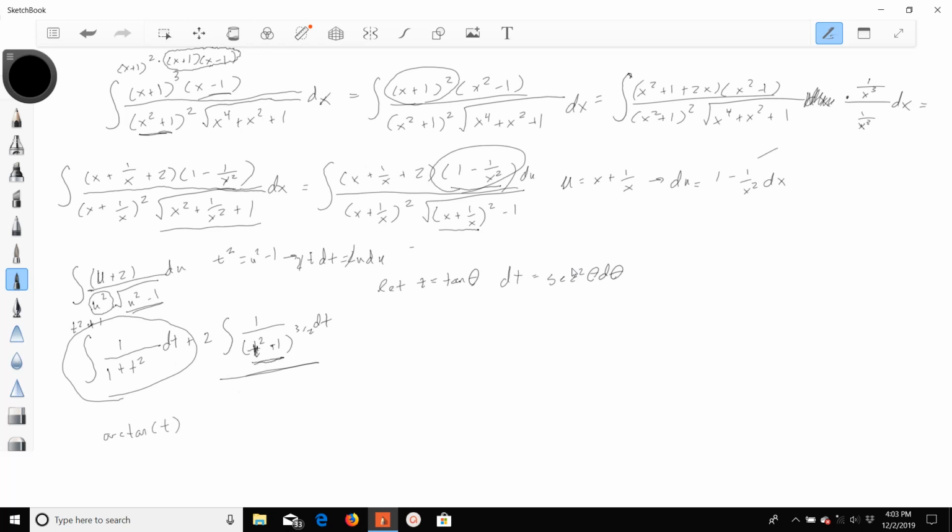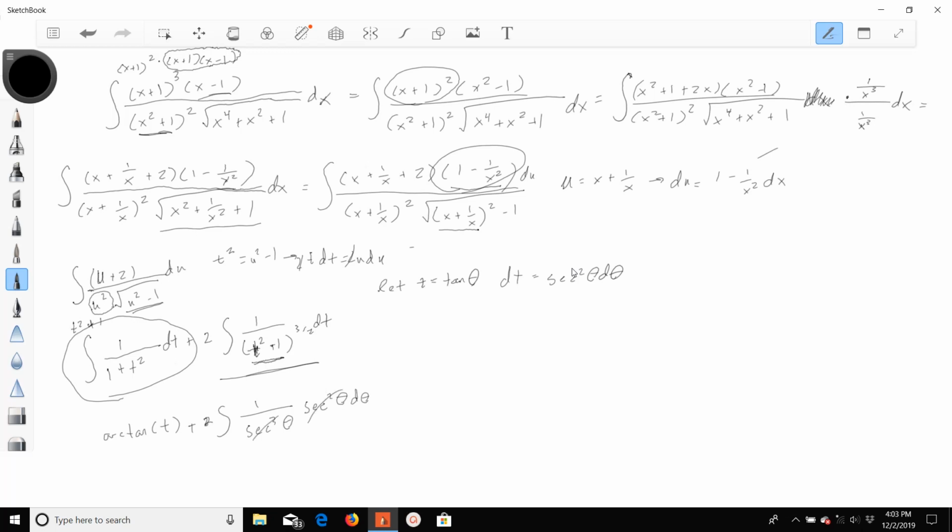But now this one, I get plus 2 times the integral of 1 over 1 plus tangent squared theta, secant squared theta to the 3/2, which is secant cubed theta, times dt, which is secant squared theta d theta.